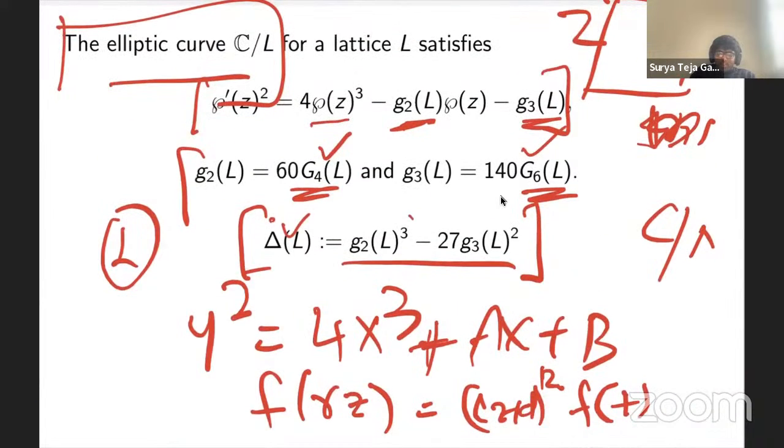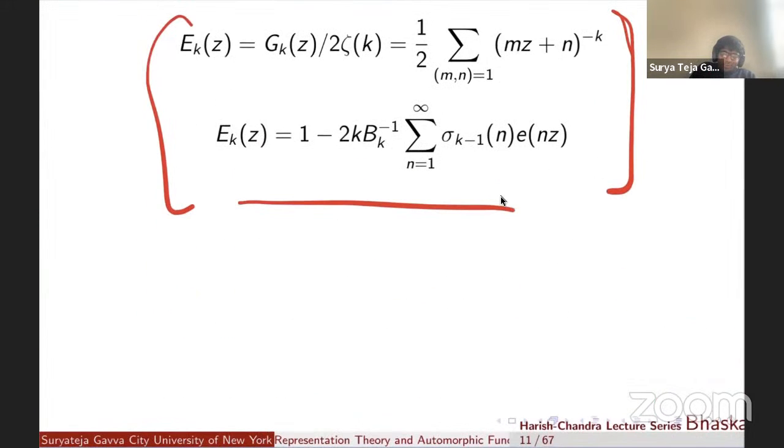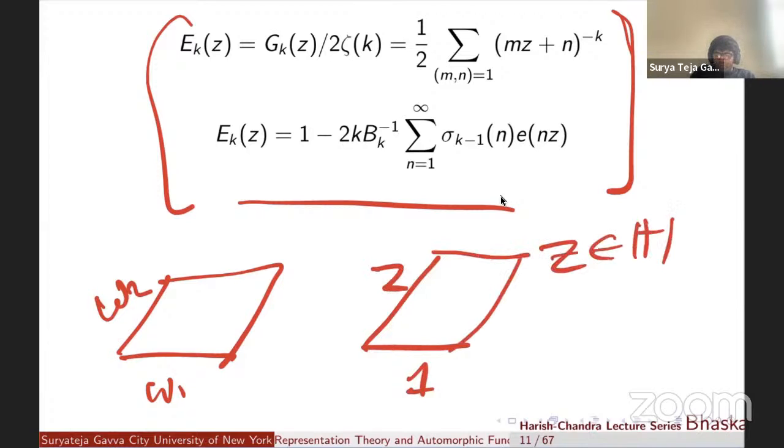So any questions? Are these lattices generated by certain sorts of periods, right? Yes. So these W1, W2, what I'm saying is every lattice is, up to scaling, the same thing as 1, comma z, where z is in the upper half plane. But the W1, W2 are certain integrals of some functions, right?